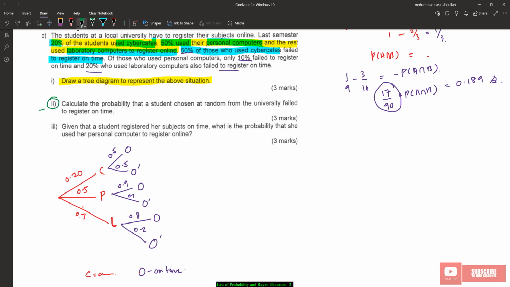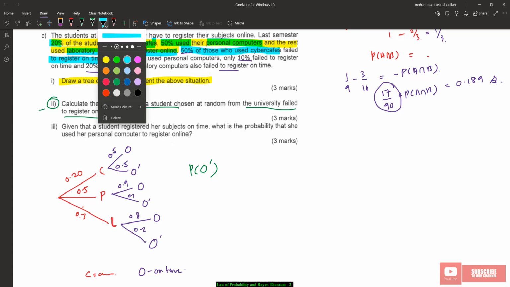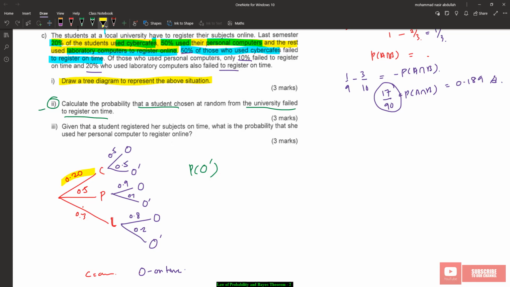Now, number 2: calculate the probability that a student chosen at random from the university fails to register on time. Maksudnya, we want to know O complement. So you need to add all the intersections with O complement.